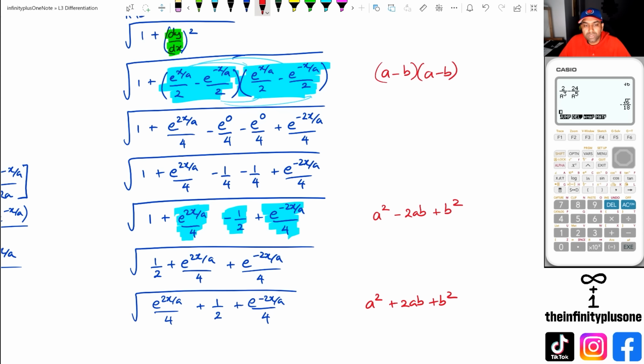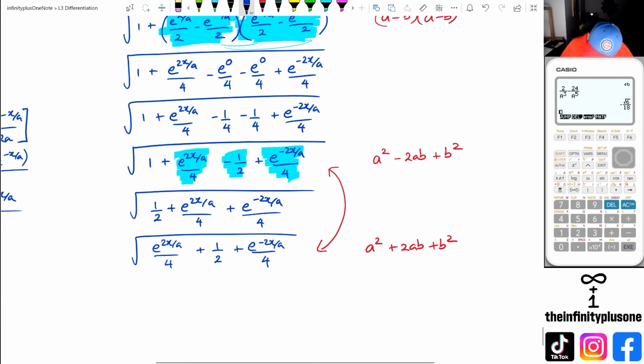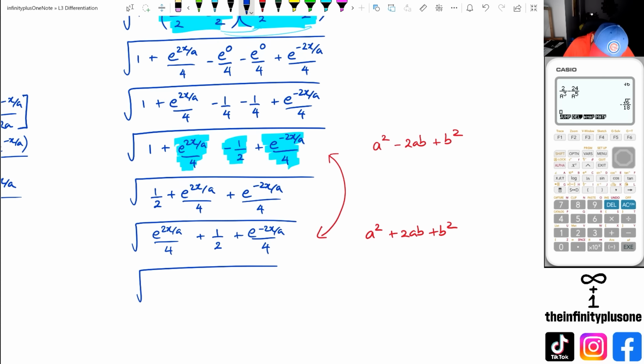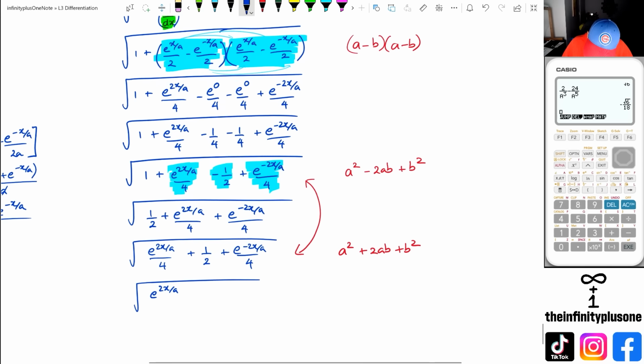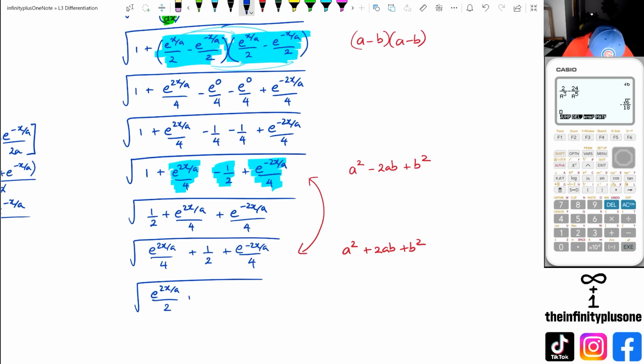Because the only difference between these two lines here is the negative half and the positive half. Which means I should be able to rewrite this here as e to the power of 2x over a over 2 plus e to the power of negative 2x over a over 2, squared, like that.